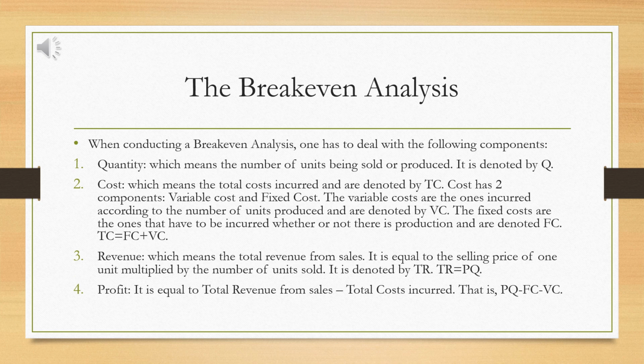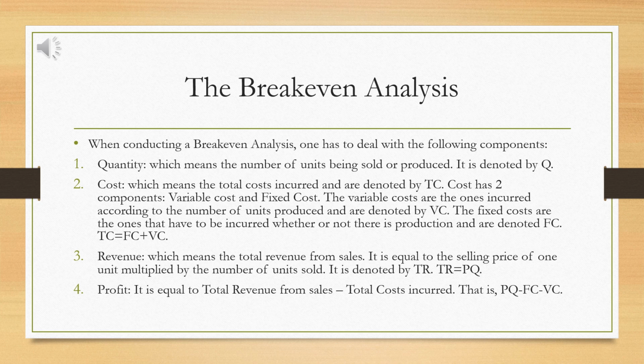When conducting a break-even analysis, one has to deal with the following components. Number 1, quantity, which means the number of units being sold or produced. It is denoted by Q. Number 2, costs, which means the total costs incurred and are denoted by TC.